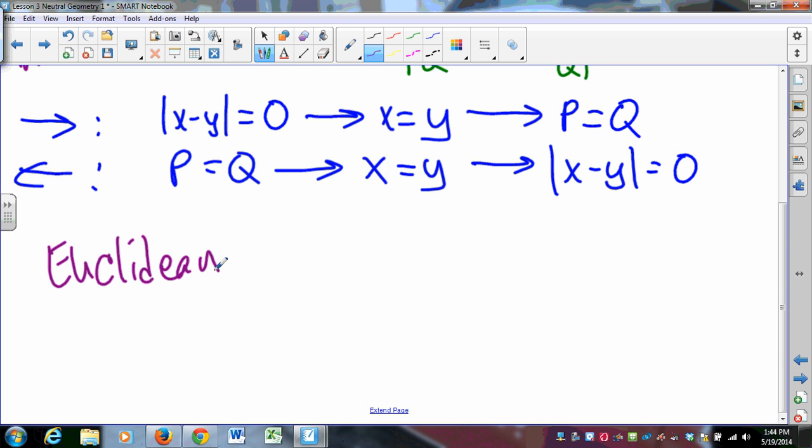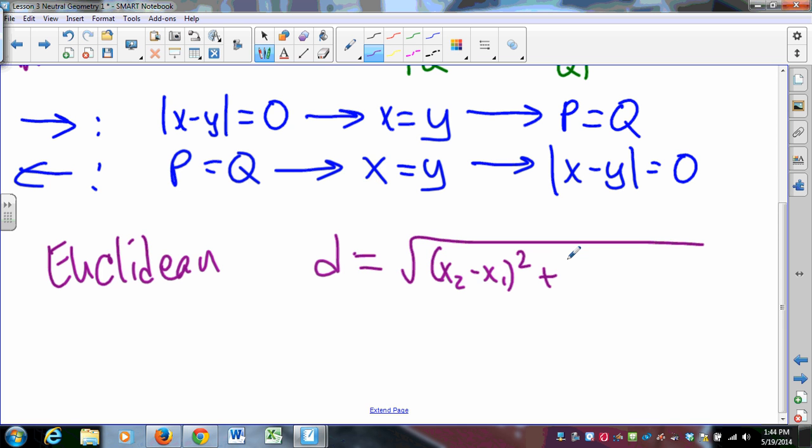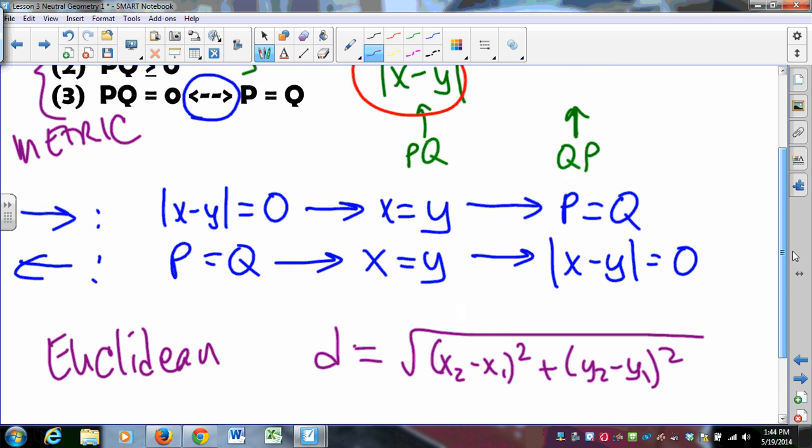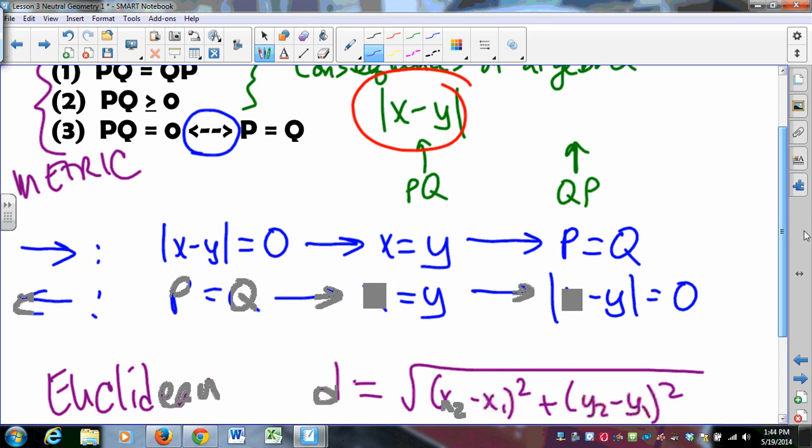You are familiar with the standard Euclidean metric. The Euclidean metric is the distance formula that you picked up in high school. That is what we commonly think of by the distance between 2 points.